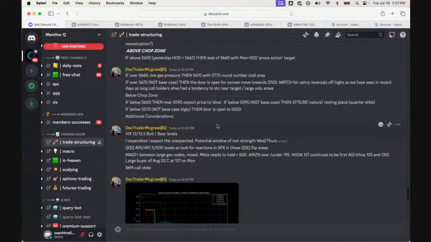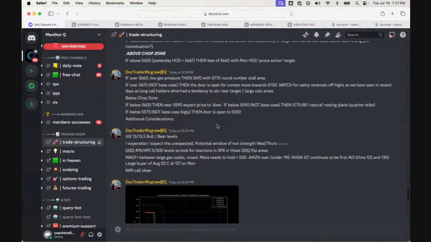So I identified a chop zone for today, which I think I said was 15 to 50. The narrow one, I gave a wider one. If above 56.50, yesterday's high of the day, I pointed out was 57. Then a test of 5,600 on Monday's high of the day. That's what I said. And where did we hit today? What was the high of the day?